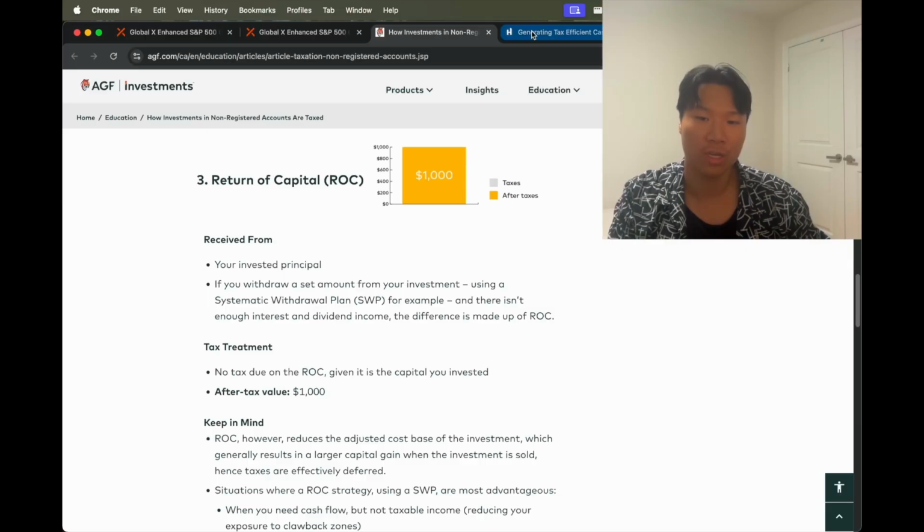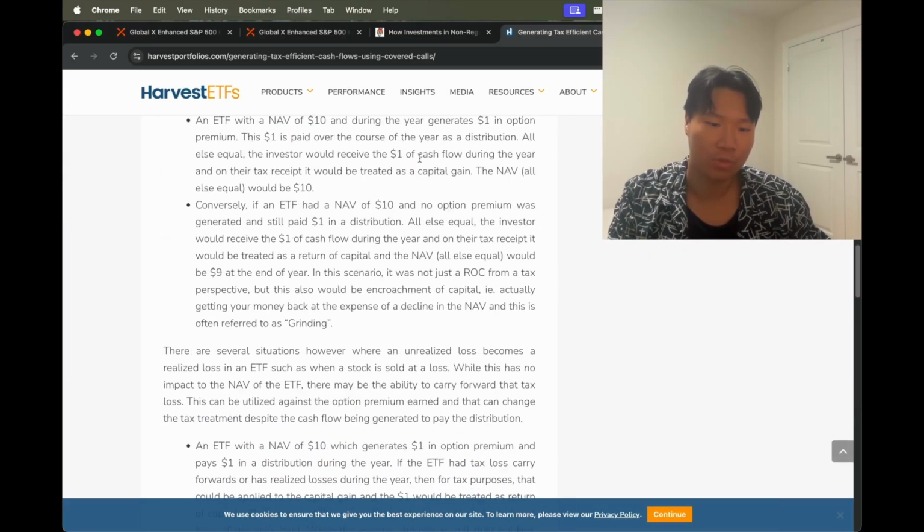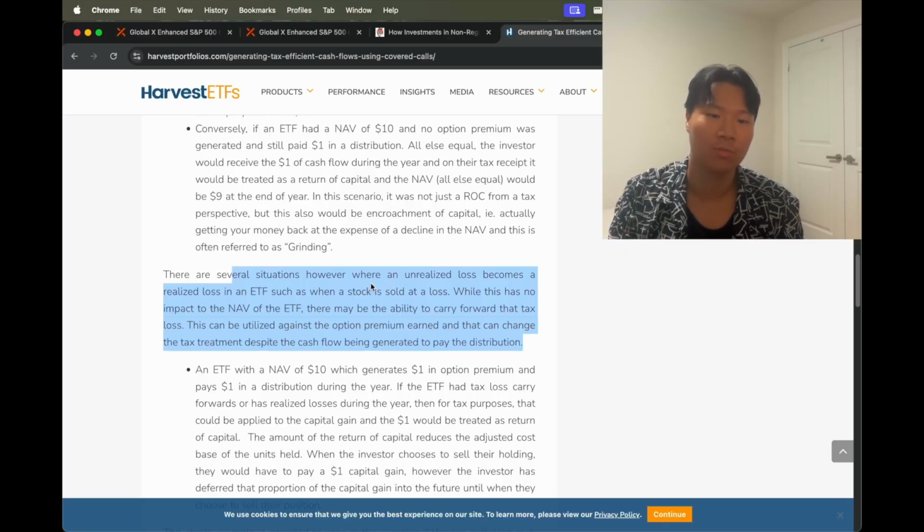So there's a great article from Harvest about generating tax efficient cash flows using covered calls. And if you scroll to the near bottom or the middle, it says there are several situations where an unrealized loss becomes a realized loss in the ETF.